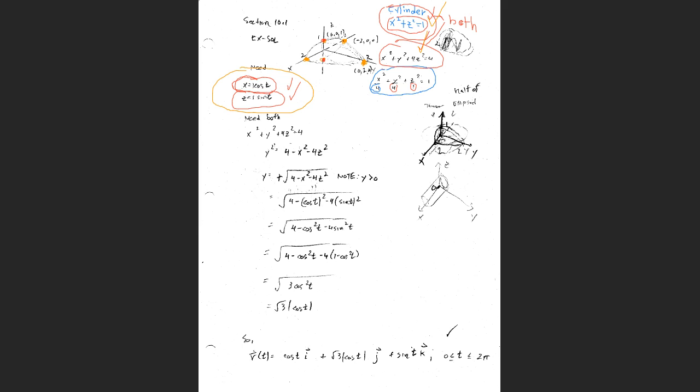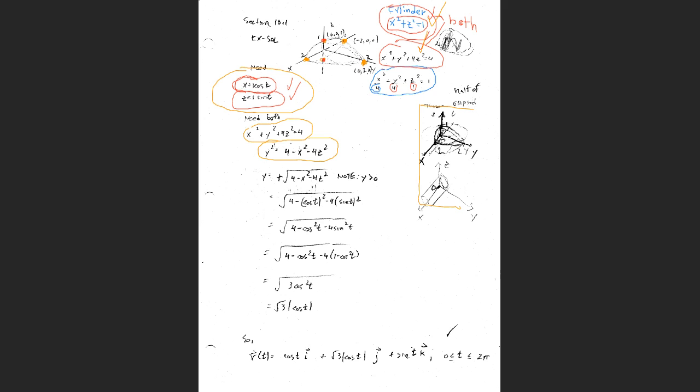The semi-ellipsoid equation is x squared plus y squared plus 4z squared equals 4. I'm going to solve that for y because I'm looking for y equals something. I have y squared equals 4 minus x squared minus 4z squared. These are just little mental notes on the right here, you don't need to worry about that.